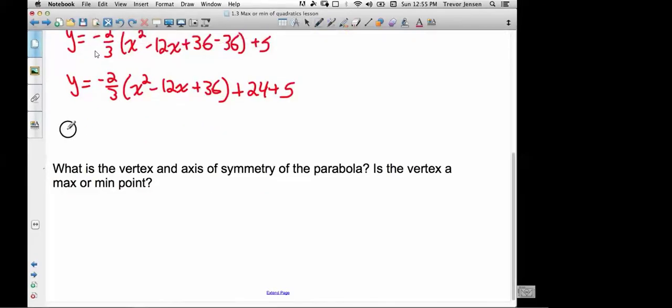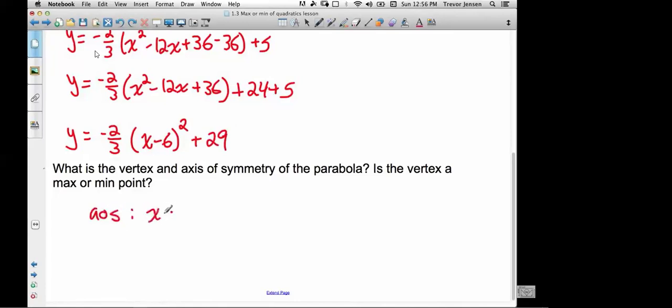Last step, I need to factor what's in the brackets. The numbers that multiply to 36 and add to negative 12 are negative 6 and negative 6. So I get x minus 6 times x minus 6, which is x minus 6 squared. 24 plus 5 is 29. My axis of symmetry is x equals 6.